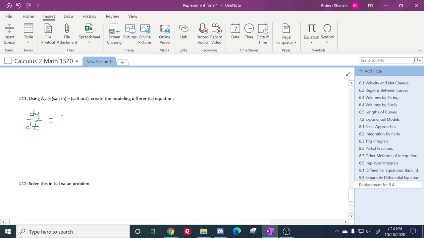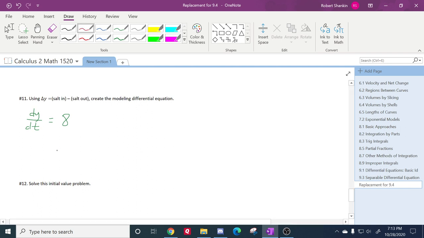Salt in is going to be 8. Now, I'm not going to write the units in there, but we'll just put a little arrow to this. This is in pounds per minute. Okay. Now minus, now the salt out.